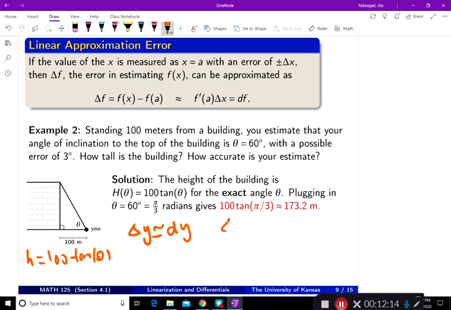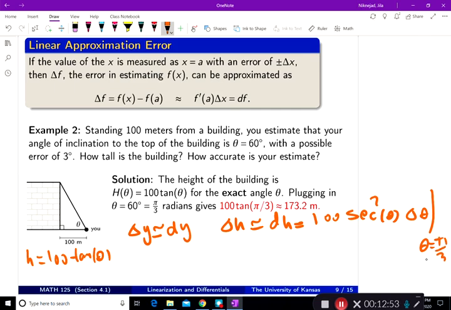So delta h is going to be approximated by dh, which is equal to the derivative of this thing: 100, derivative of tan theta is secant squared theta, multiplied by delta theta, and I evaluate that at theta equal to pi over 3.